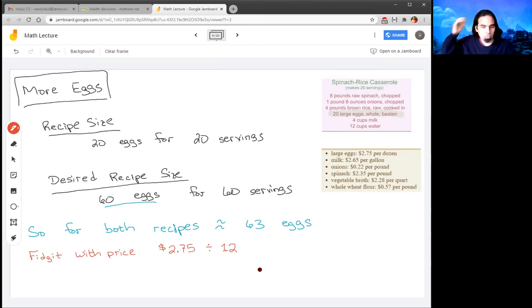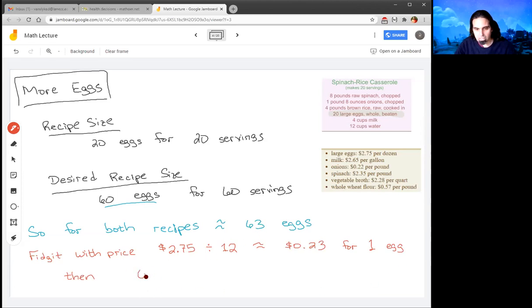And that will give us the price for 1 egg instead of 12 eggs. So it gives us about 23 cents. And again, we don't expect we're actually buying 1 egg at a time. We're just pricing things as the eggs are coming through the restaurant.